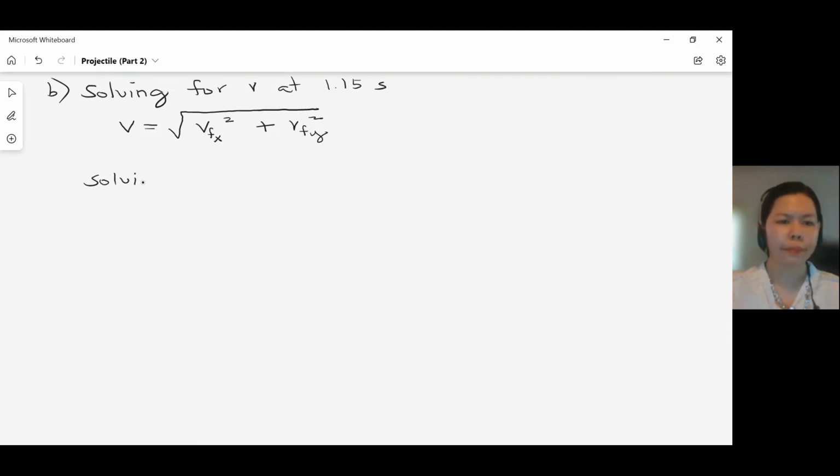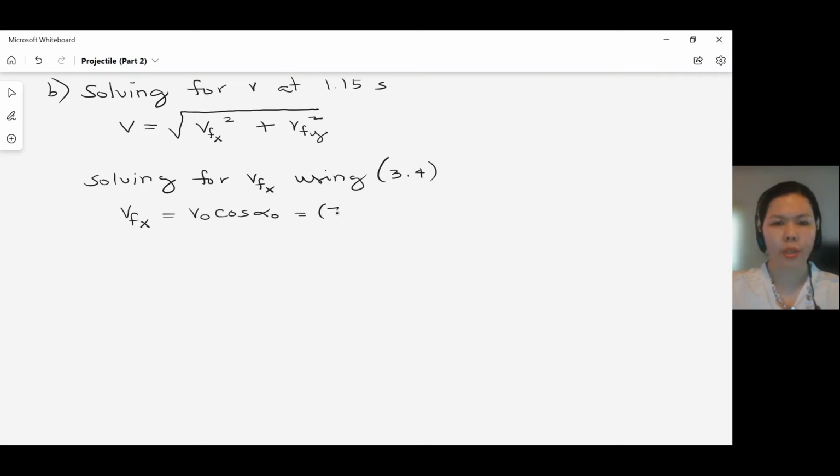Solving for Vf sub x using equation 3.4, we have Vf sub x is equal to V naught cosine alpha naught.